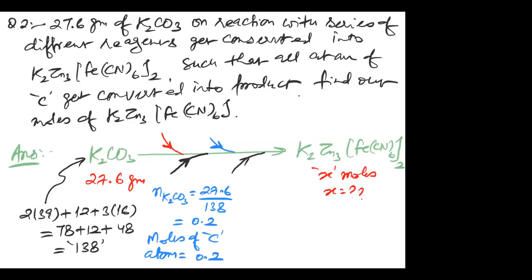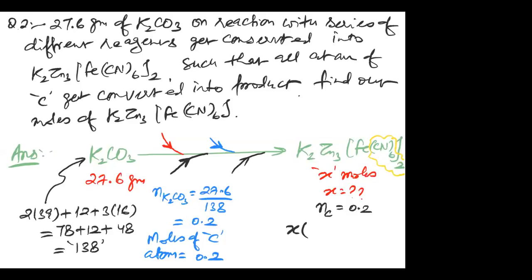According to POAC, Principle of Atom Conservation of carbon, the final product also consists of 0.2 moles of carbon. Every mole of this complex compound consists of 12 moles of carbon.